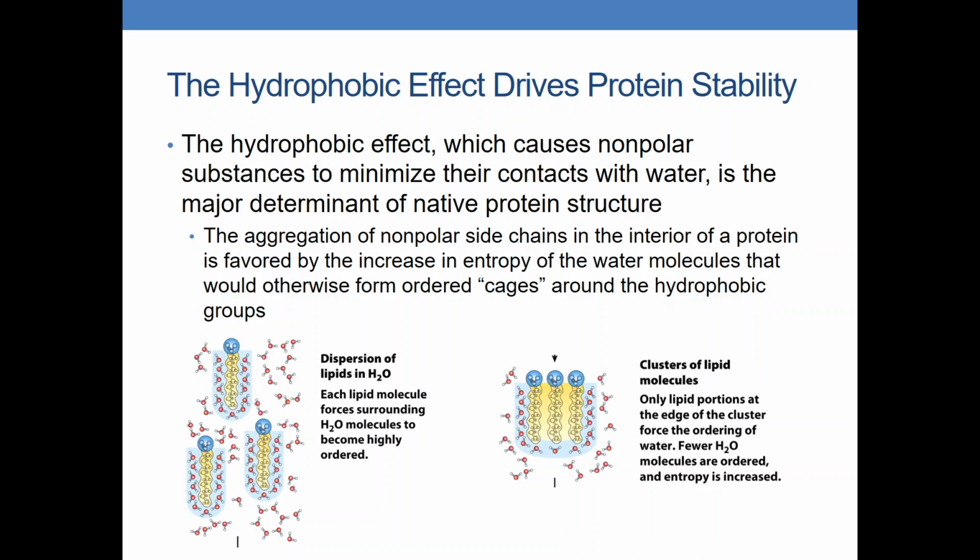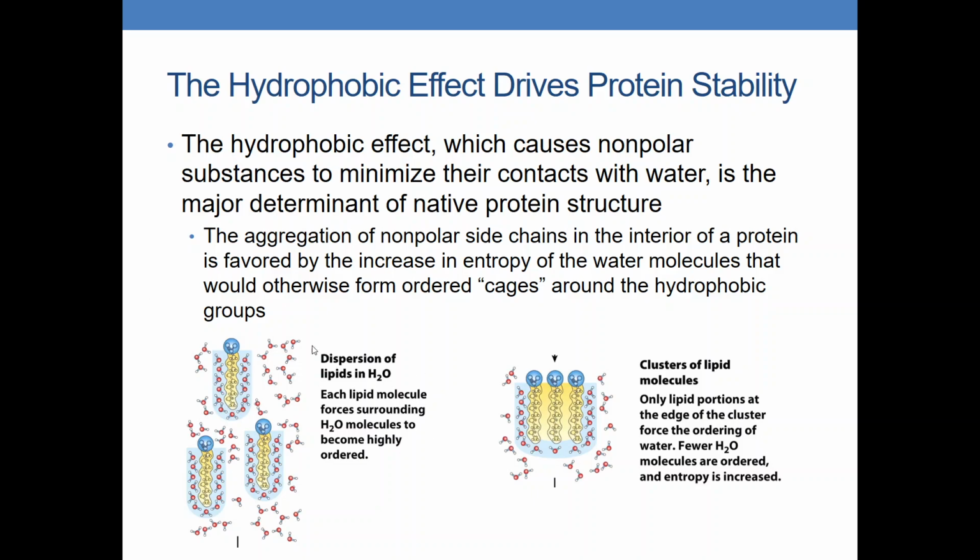Now, if you do this individually for every single nonpolar molecule, you will have a greater surface area than if those nonpolar molecules just cluster together. Remember here, surface area is proportional to the number of water molecules that have to become ordered to basically allow for the nonpolar molecule to exist in that aqueous environment.